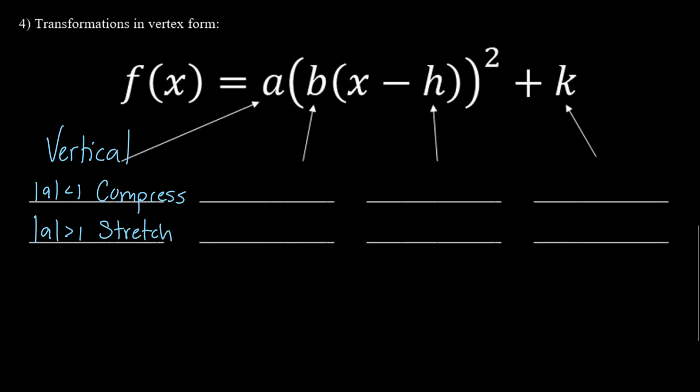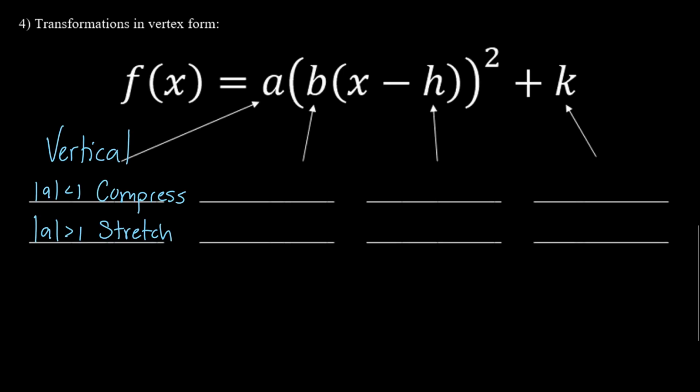Why am I putting absolute values on these A's? What else have we not talked about that could also be vertical? Horizontal compression. Well, yes, that's going to be next. But something else that still could be in front of A. Oh, does the negative change the stretch or compression?